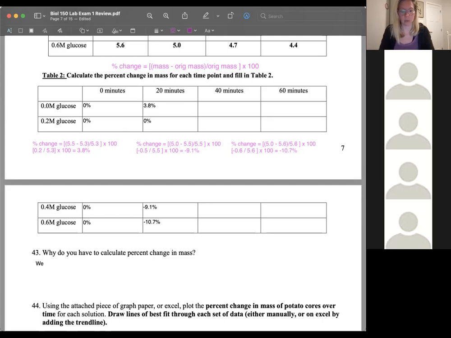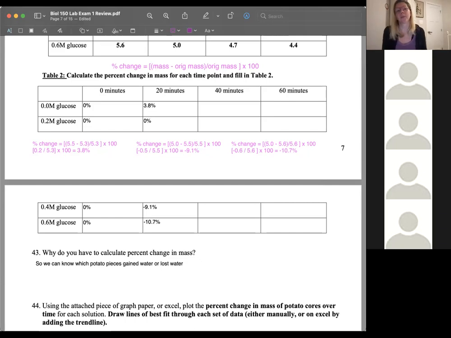Okay, so we're calculating percent change in mass so we can know which potato pieces gained water or lost water.